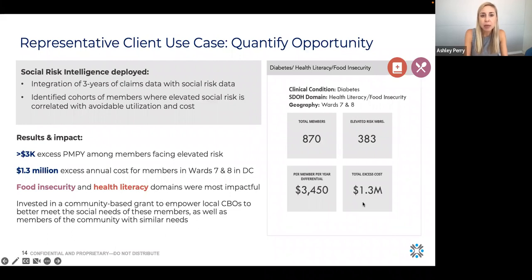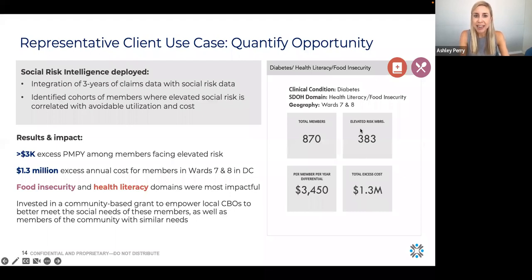So it's one example of how you can take that integration of social risk data with claims data to be able to, with precision, identify subsets or cohorts of your member population where you're seeing addressable risk, and then be able to strategically, either yourself or with local partners, invest in social care programs, interventions, and strategies that can help meet those needs and mitigate the risk.